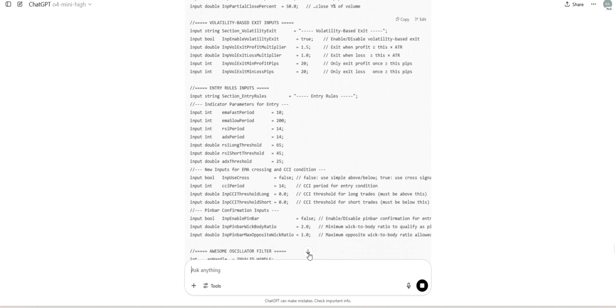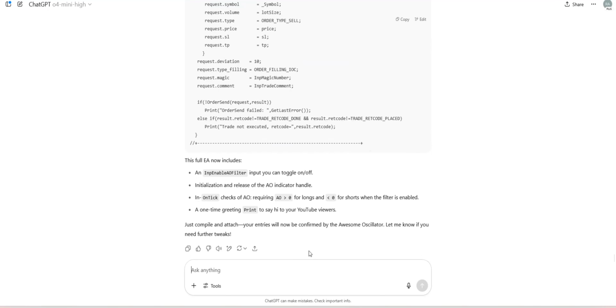So the awesome oscillator is actually very useful, and as we know already together, it is great with patterns, and it is especially great based on my very long history with the awesome oscillator. It is also very good for detecting trends and shifts in trends, which is one of the key things that we need. So let's see, this full version now includes an enable awesome oscillator filter.